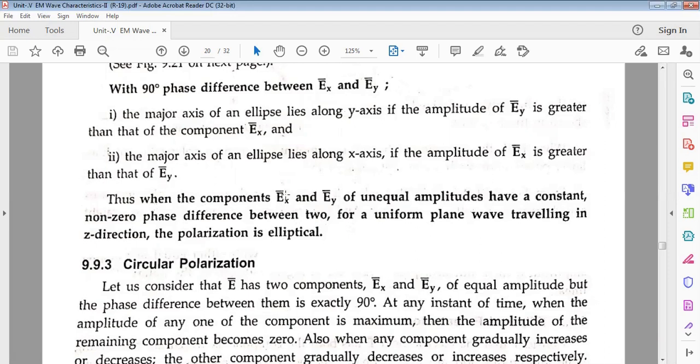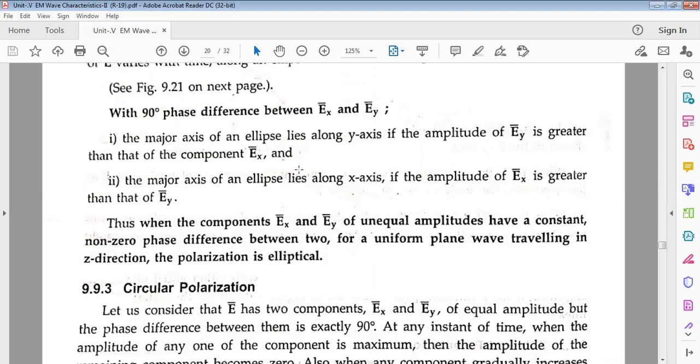Thus, when the components EX bar and EY bar of unequal amplitudes have a constant, non-zero phase difference between the two, it is not zero. In phase means zero, my dear students. For a uniform plane wave traveling in the z direction, the polarization is elliptical polarization, with a 90 degrees phase.